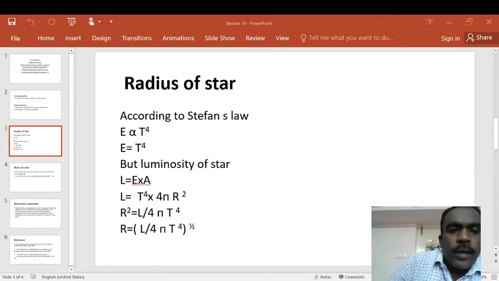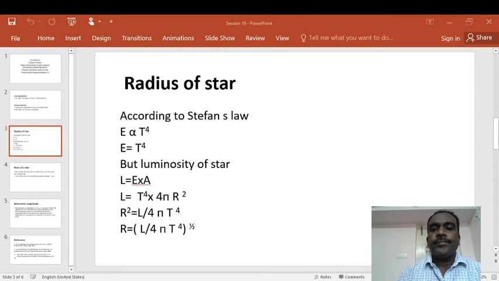Now, radius of the star. The radius of a star cannot be measured by a direct method, as it is very far away from the earth and appears as a point when viewed through a telescope.